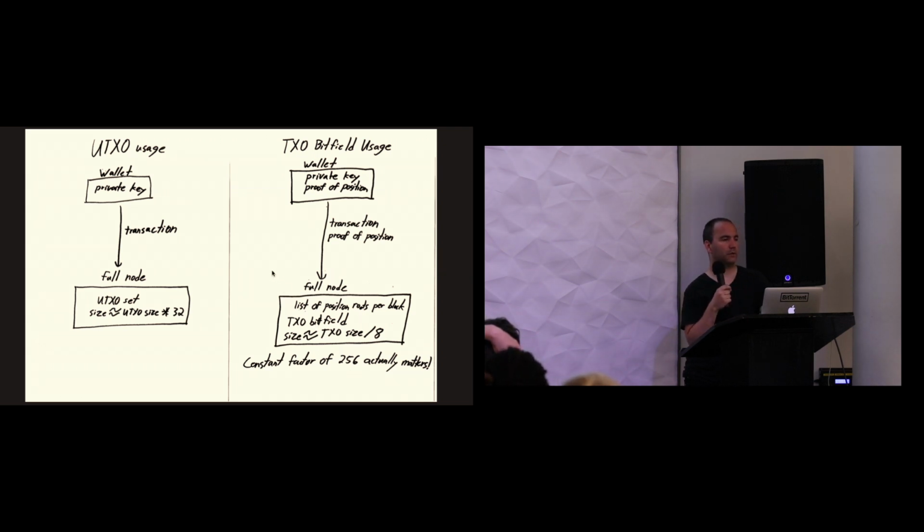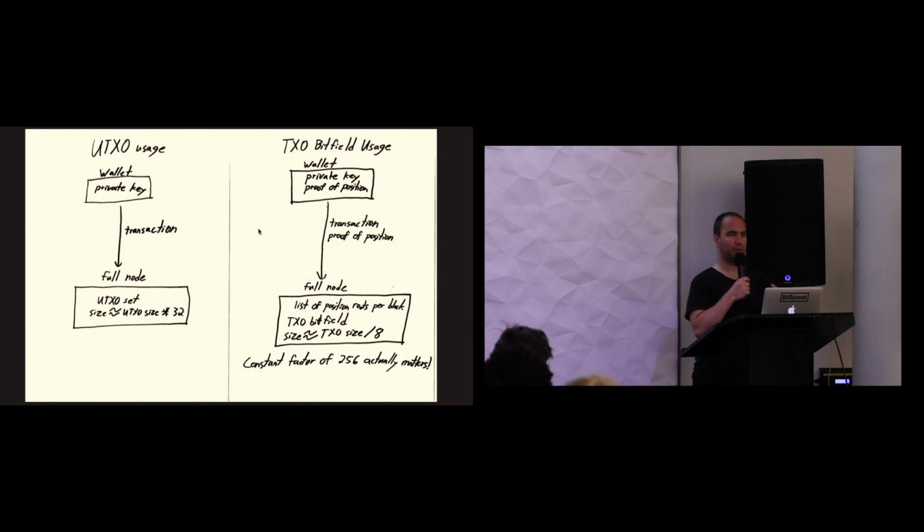Yeah, the real challenge with Peter Todd's proposals previously is that the wallet had to track basically, the proof of position would change over time. Right. Yeah. That was actually the thing that really inspired me to do this. I don't want wallets to have to keep track of everything. I don't want wallets to have to keep track of blocks.